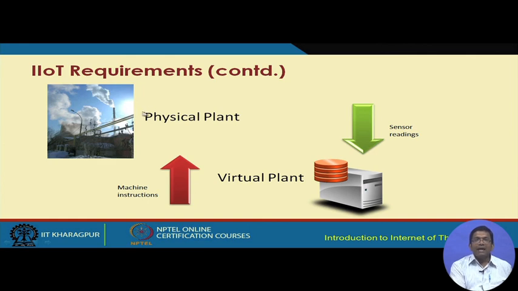This physical plant and the different machines in the plant are fitted with different sensors, which throw in a lot of sensor readings, and from this virtualized plant different types of instructions can be sent to the physical plant and the embedded systems attached to these machines. These instructions can help to maneuver and perform different operations on these machines.